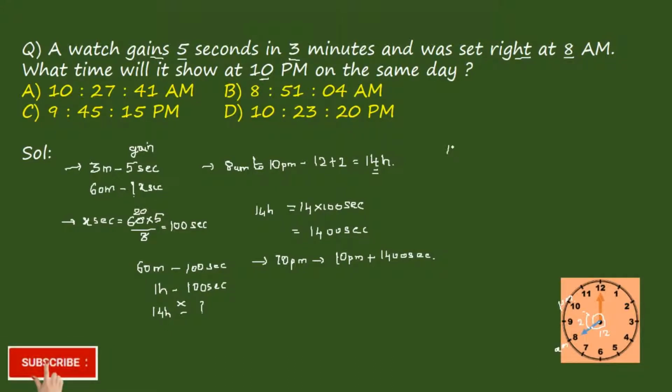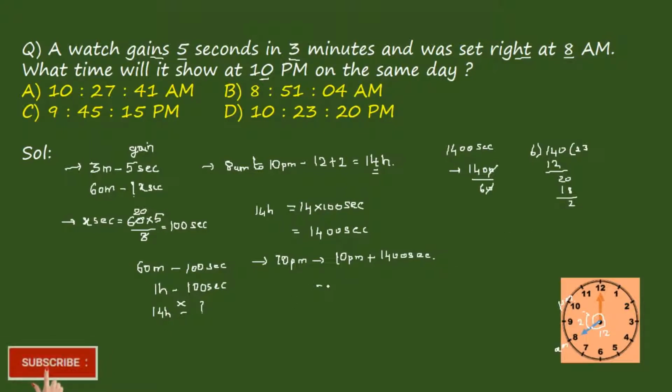If you convert 1400 seconds to minutes, then it becomes 1400 by 60. The zeros get cancelled. If you divide 140 by 6, it becomes 23, with a remainder of 2.